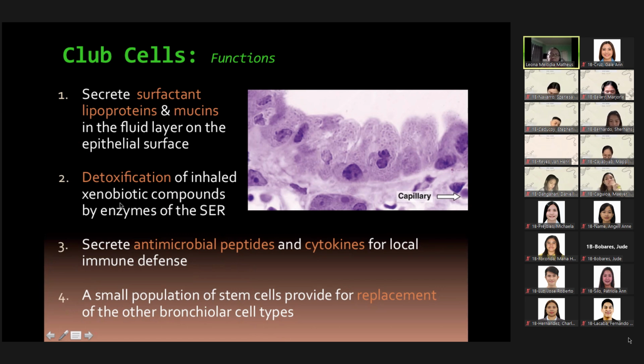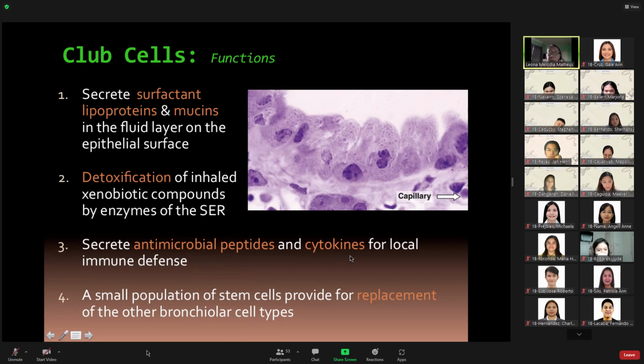What do you mean by xenobiotic? Actually, these are foreign compounds, like germs. Biotic means live. So what else? The third one is that they can secrete antimicrobial peptides and cytokines for local immune defense. As you learn in your immune system, one of the secretions is cytokines, which are for immune defense.